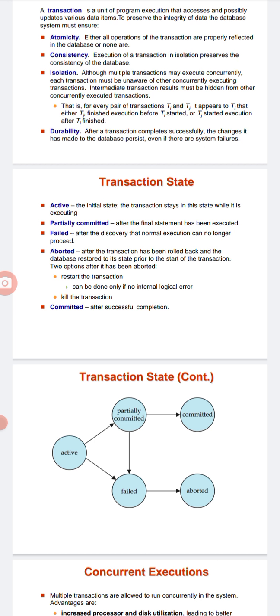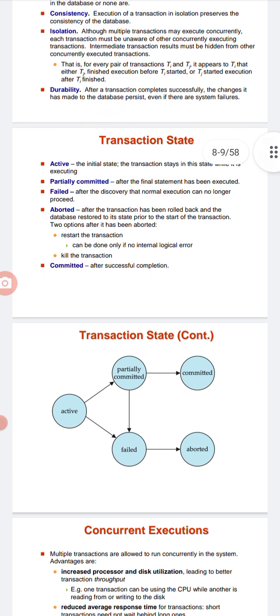If we solve the problem or avoid the failure after completion of partially committed, we get the final result, that is committed. This is the very basic and most important thing.